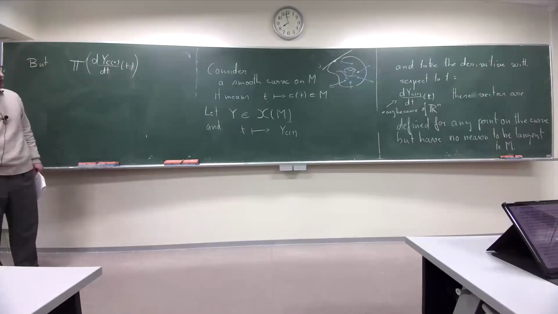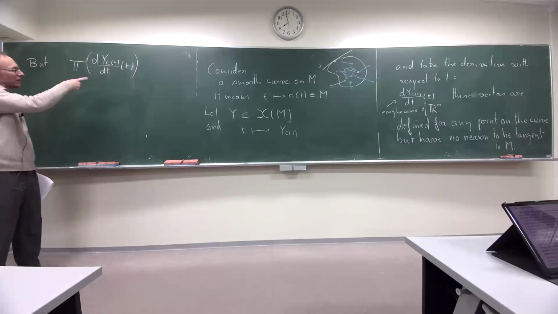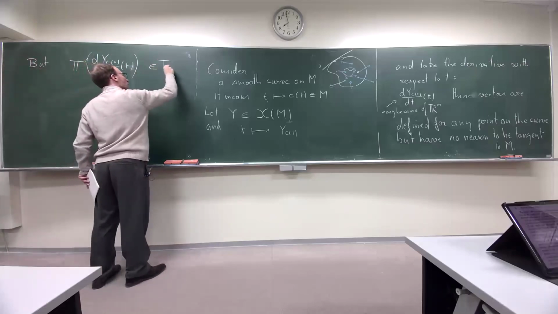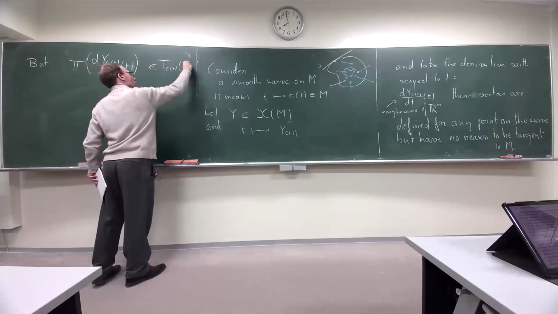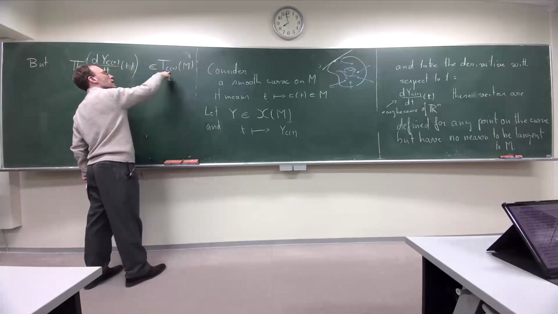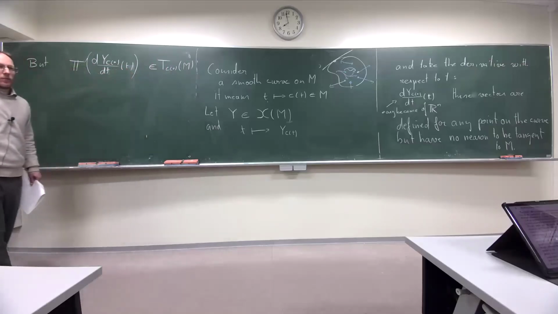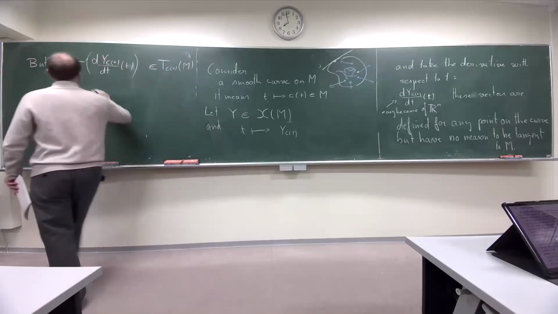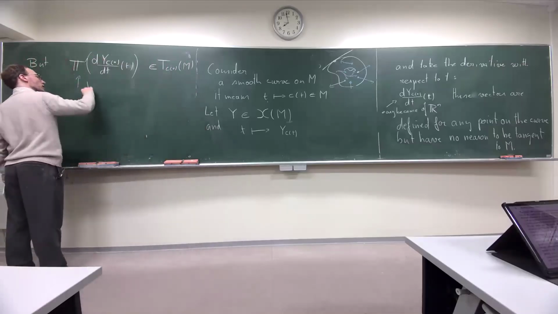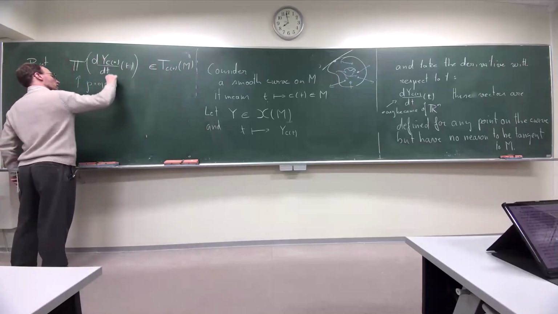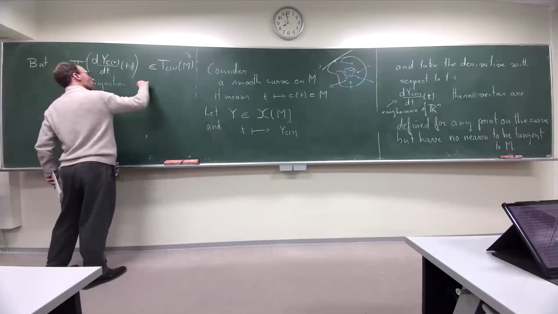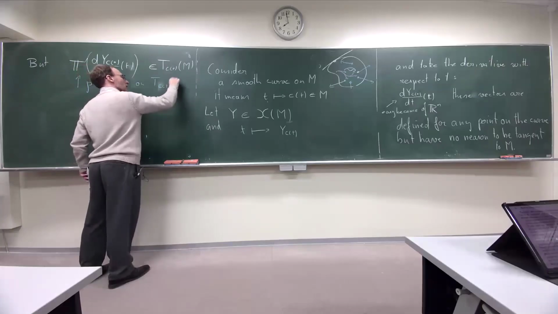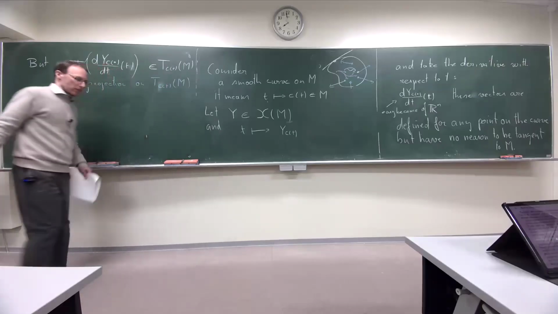So I just take the projection of this vector on the manifold. This one belongs to T_{c(t)} M. It's a tangent vector at the point c(t). Remember, this is pi prime, and this is why I introduced it. It is a projection on the tangent space, precisely at c(t), of M. Okay.